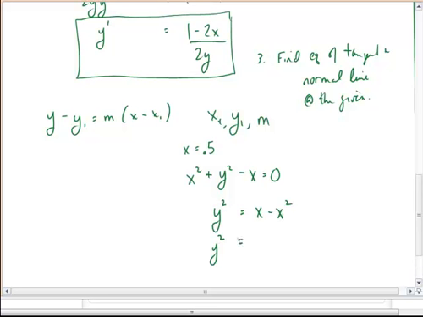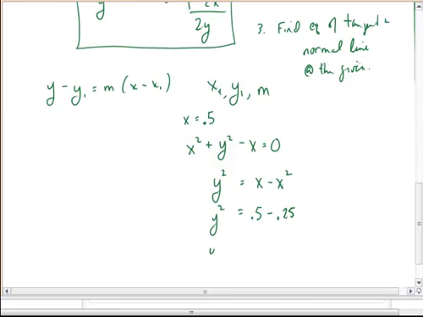We plug in the x value, like in many problems that we've done before. Sometimes you need to plug the x value in to find your y coordinate. So here we'll put 0.5 in, and 0.5 squared is 0.25.